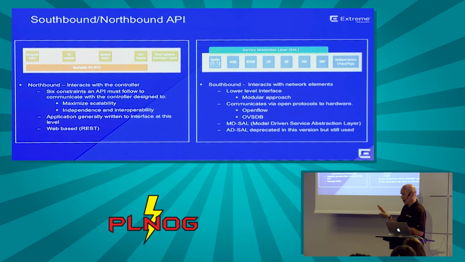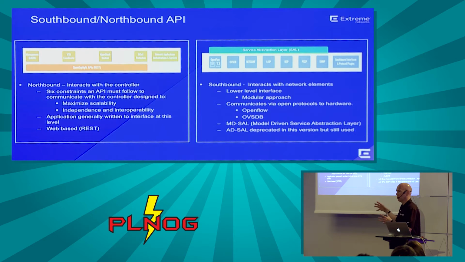I'm breaking this down now, if you recall the previous picture of the OpenDaylight architecture. On the left-hand side, you have the northbound, which is pretty straightforward: it's based on a REST API, so it's a web-based application. There are a certain number of constraints, six of them, that the API must follow.